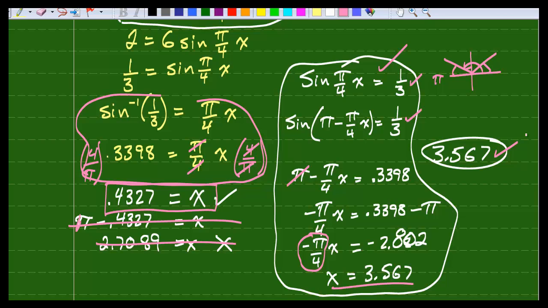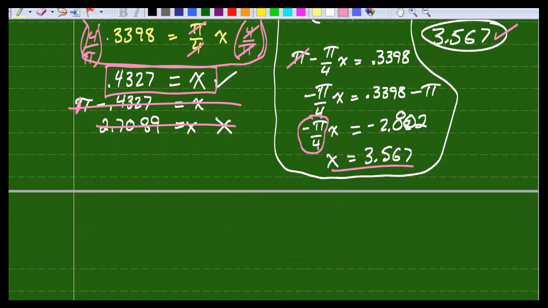Now the question was about general solutions. And we wanted a general solution that would be the first two times in the period. So here's how I can write that now. I can say that x is equal to 0.4327 plus multiples of the period.